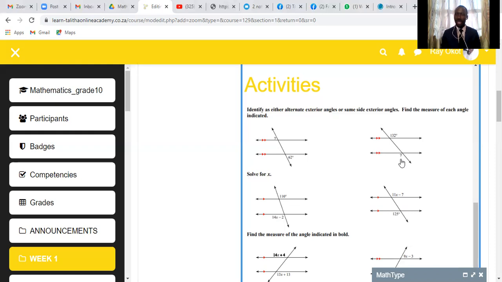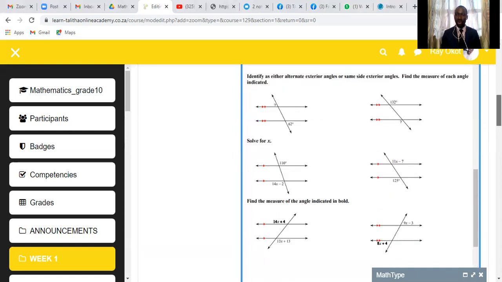Notice that these two angles also form alternate exterior angles. That means this angle is the same as the lower angle, meaning this lower angle here is also equal to 132 degrees.